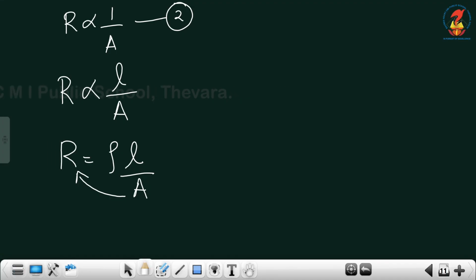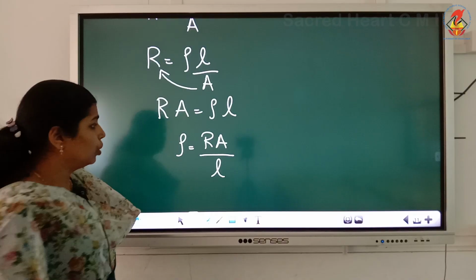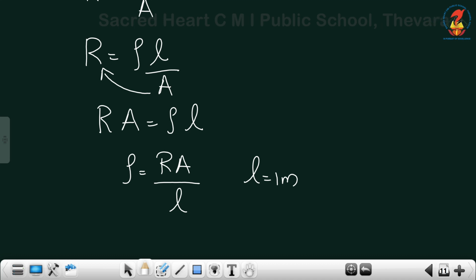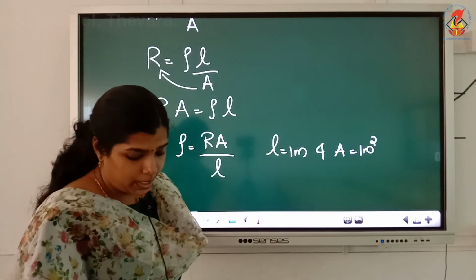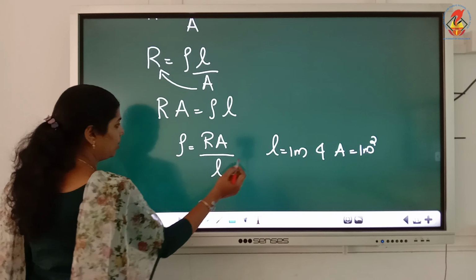That is R A equal to rho L. From here we will find rho equal to R A by L. So, if you consider L equal to 1 meter and A equal to 1 meter square, then we will substitute here.